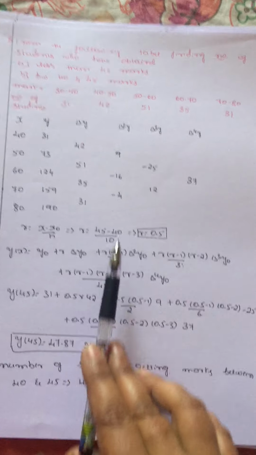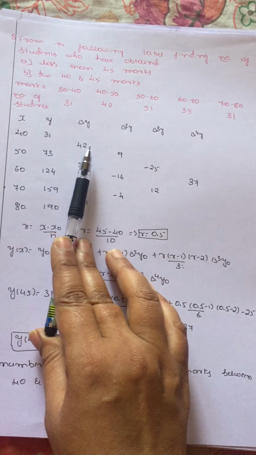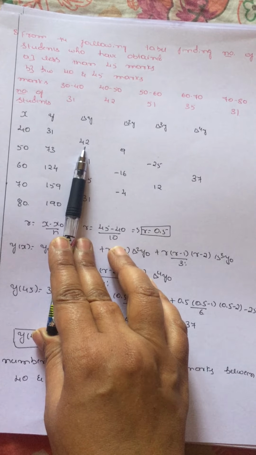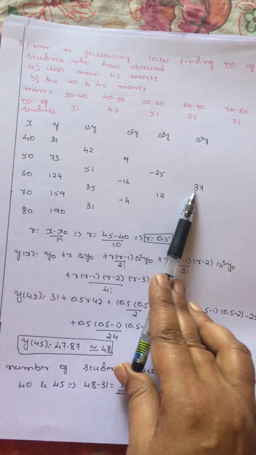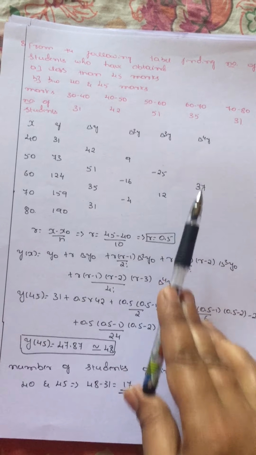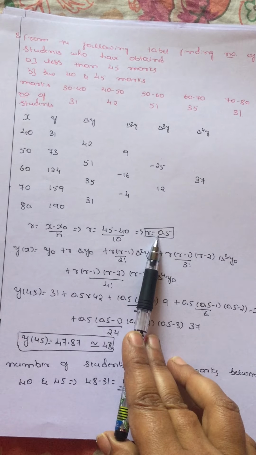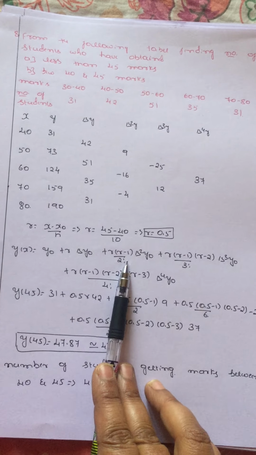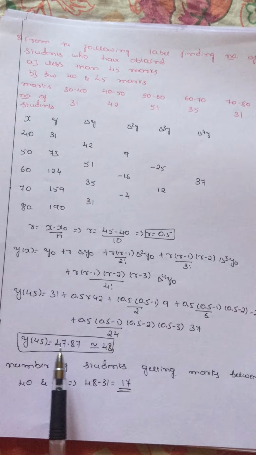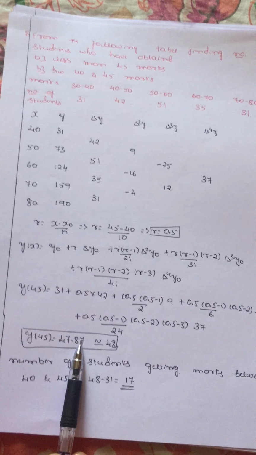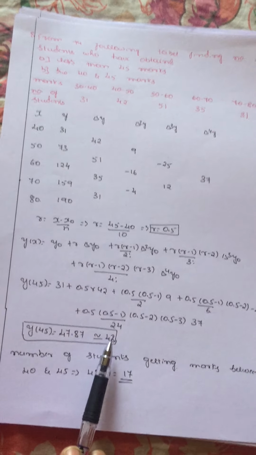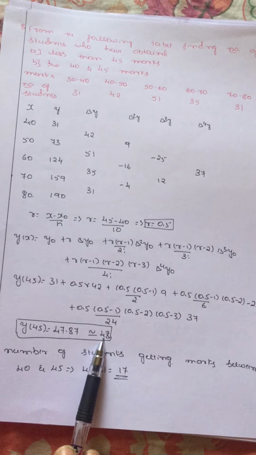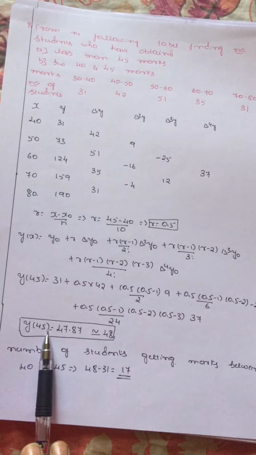Substitute all the values, with r equal to 0.5. Simplify, and here we get 47.87, which is nearest to 48. It means 48 students scored less than 45 marks.